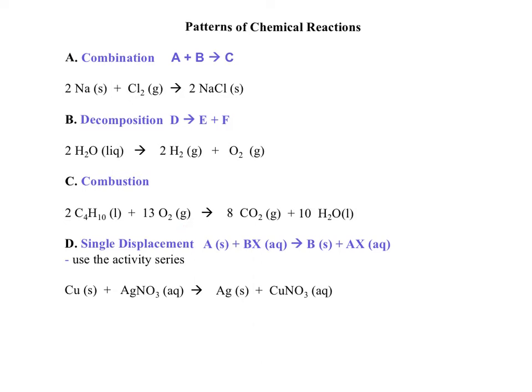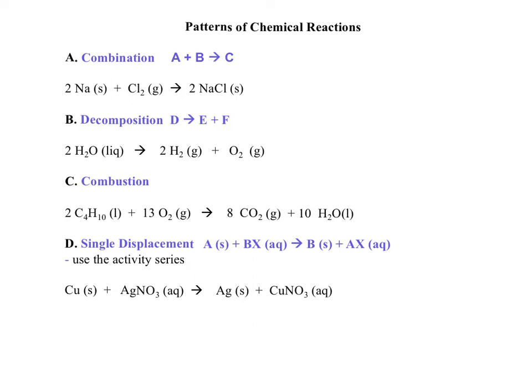Oxygen's a gas. CO2 is a gas. Water is a liquid. And notice that the phases are present in all of these parts of these different reactions. It's important to have the formulas correct, the phases, and the coefficients.